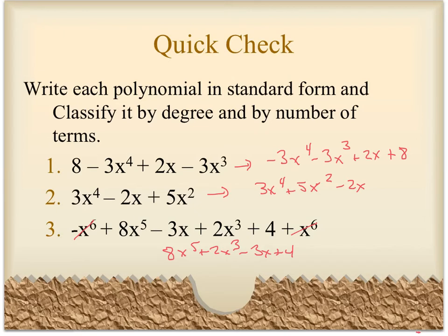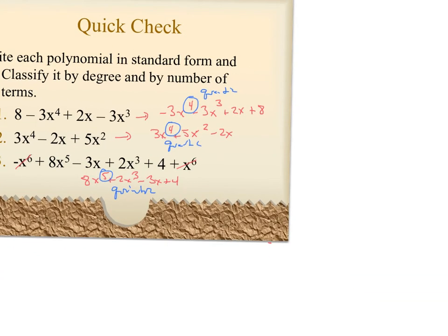So this right here is quartic. This is also quartic. And this is quintic, or fifth degree. Now, here's all our degrees. Number of terms. If terms are greater than 3, we just call it a polynomial.